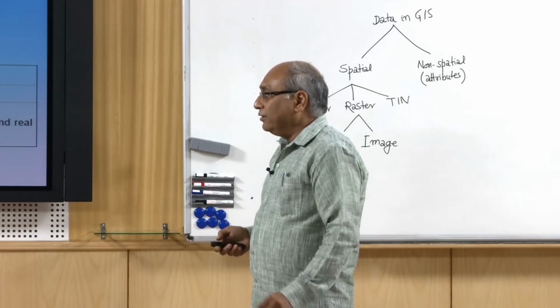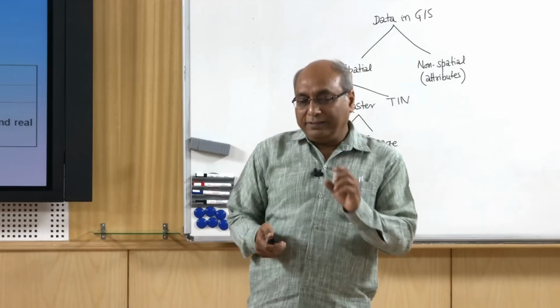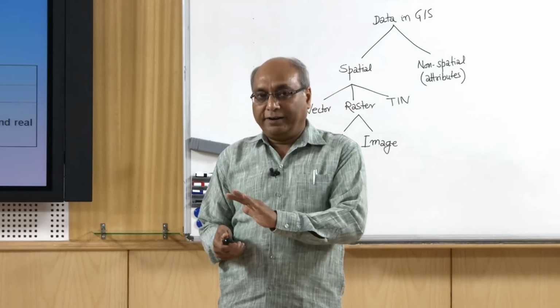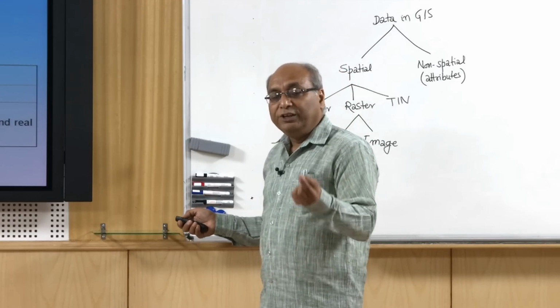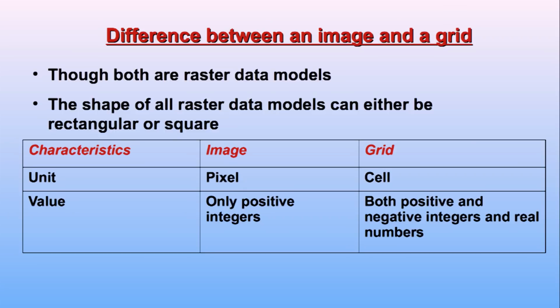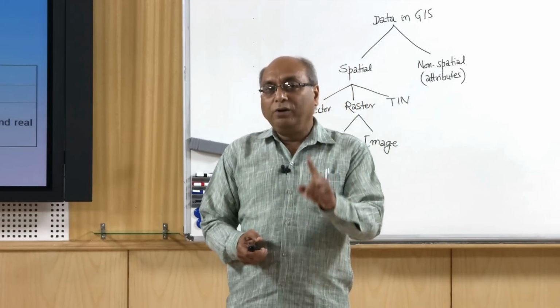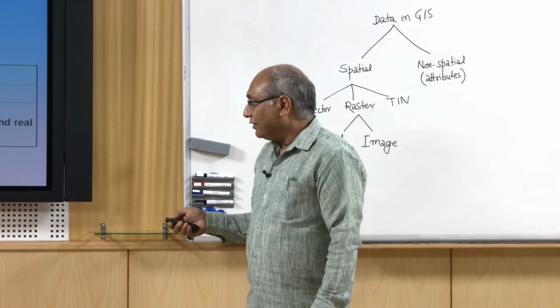In case of an image, the value of a pixel can only be a positive integer value. We cannot have any other value, and that is another big difference between an image and a grid. Whereas in case of a grid, the cell value, that means the unit value, can be either a negative or positive integer or real number. So, a variety of values can go in case of grid data, but in case of image data only positive integer values. So, these two major differences are there.